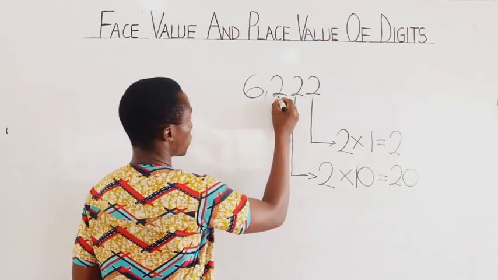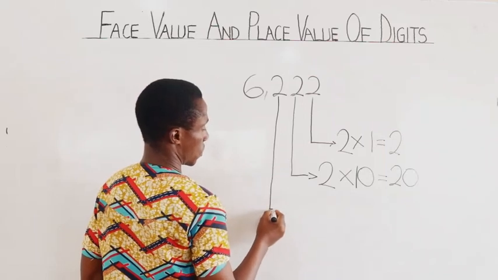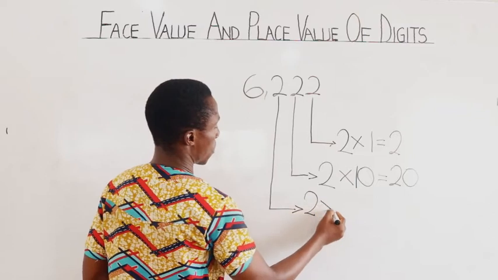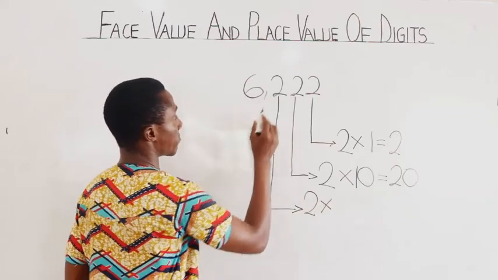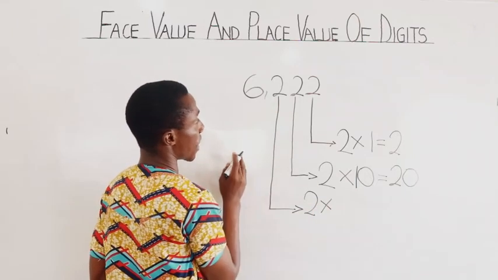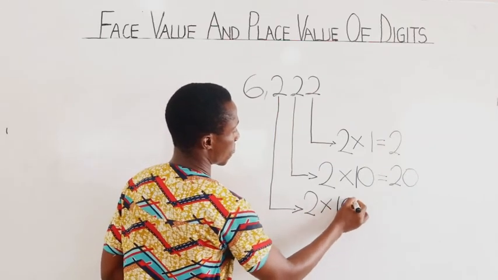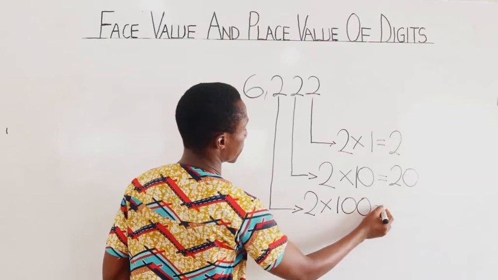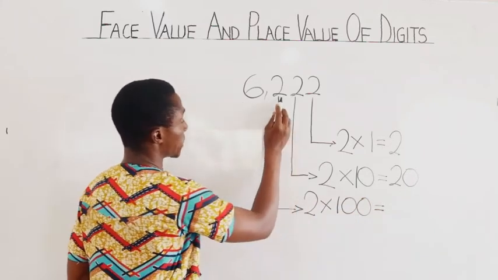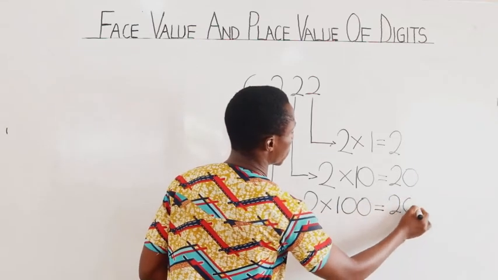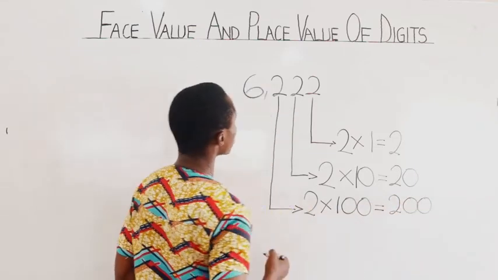And the place value for this 2 will be the face value, which is 2, multiplied by the number place, which is the hundreds number place, and therefore 2 multiplied by 100, and that will give this 2 a place value of 200.